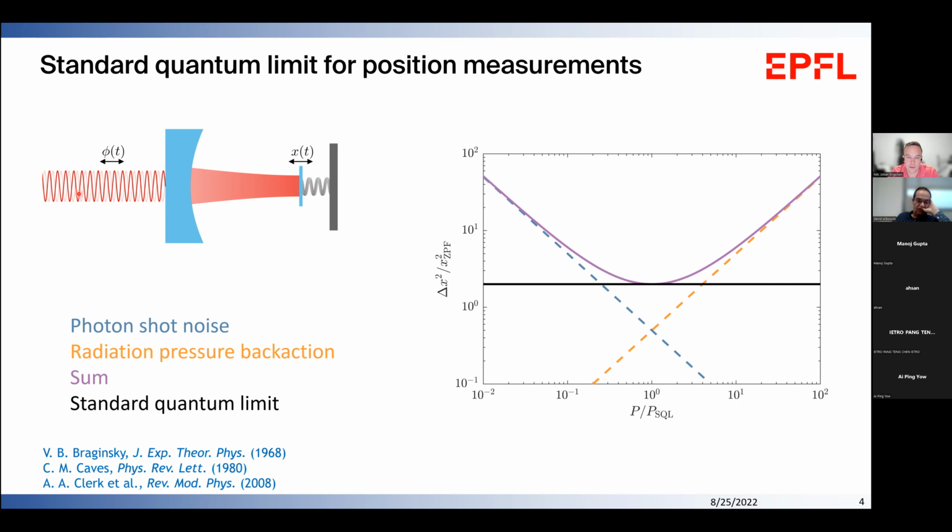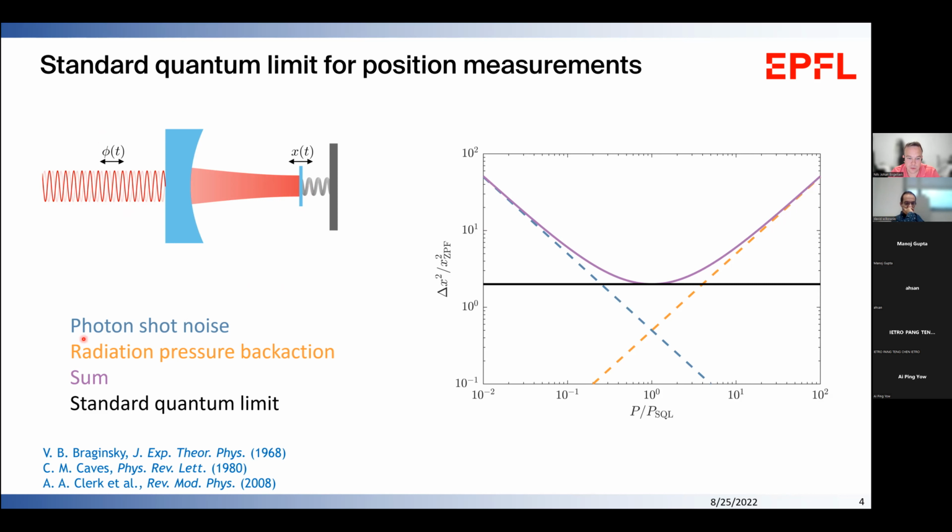How well we can determine the phase of that light field is limited by the photon shot noise. So the natural thing to do is to increase the power of our probe, and by increasing the power, we can determine the phase better and better. However, at the same time, there is this radiation pressure back action that I talked about earlier.